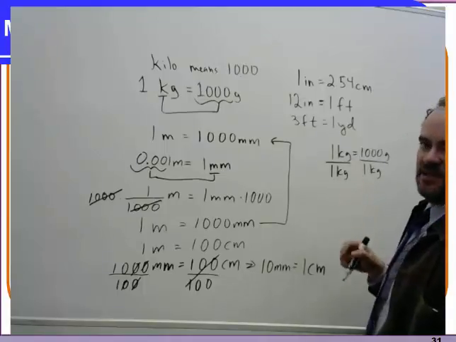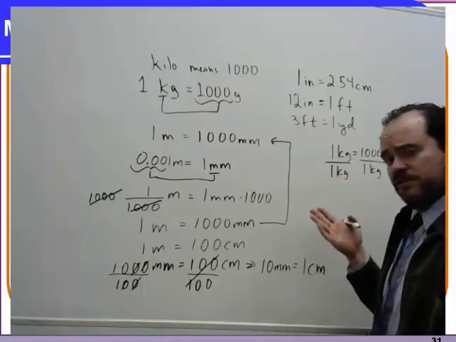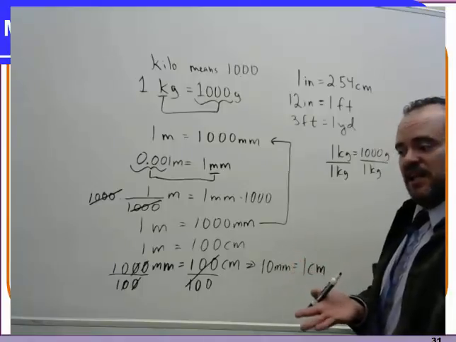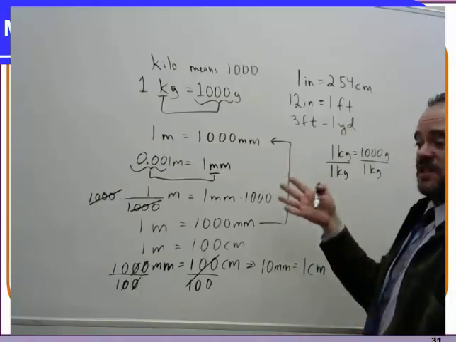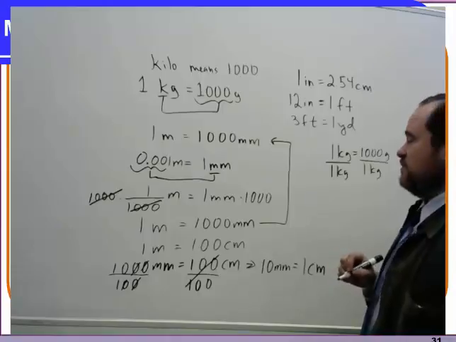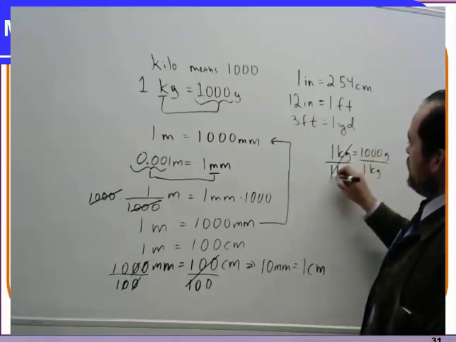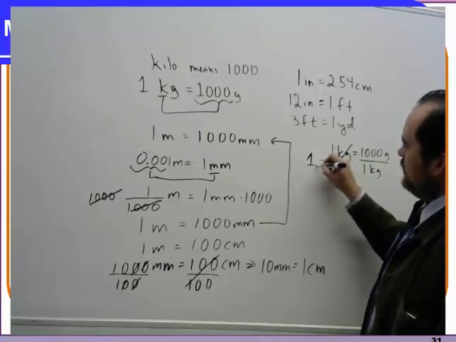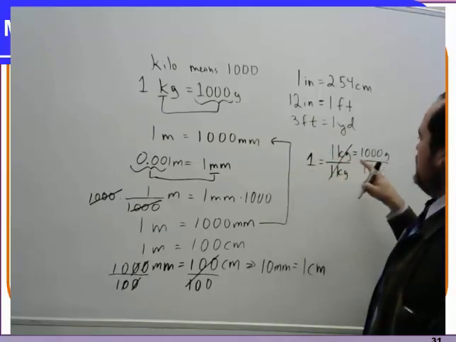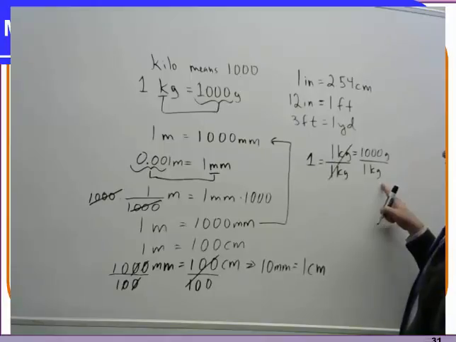Anytime you have a unit upstairs and downstairs in a ratio or division format, they will cancel out. That's how you get rid of your units to begin with, which will set up another video lesson for when we convert units. So this whole thing becomes just 1. That's unity right there. It's 1. The ratio is 1,000 grams over 1 kilogram.